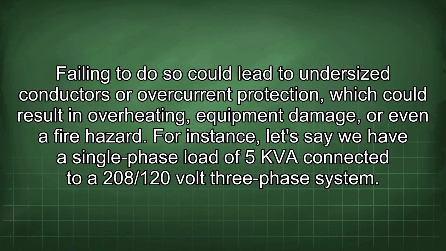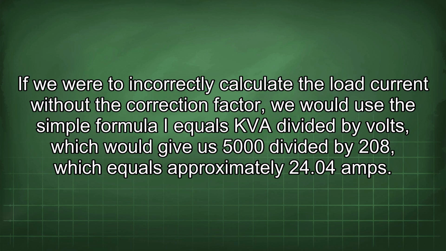Failing to do so could lead to undersized conductors or overcurrent protection, which could result in overheating, equipment damage, or even a fire hazard. For instance, let's say we have a single-phase load of 5 kVA connected to a 208/120 volt three-phase system. If we were to incorrectly calculate the load current without the correction factor, we would use the simple formula I equals kVA divided by volts, which would give us 5000 divided by 208, which equals approximately 24.4 amps.